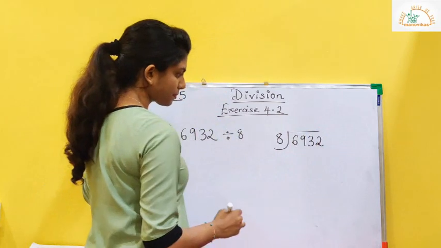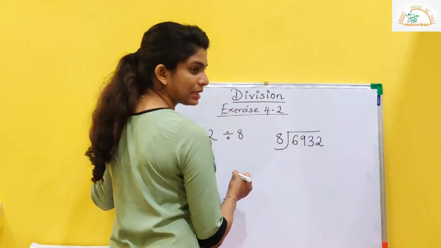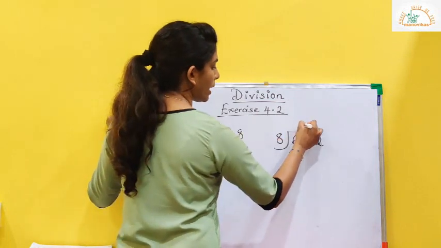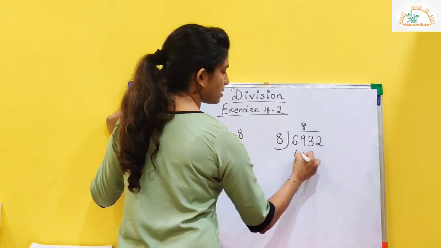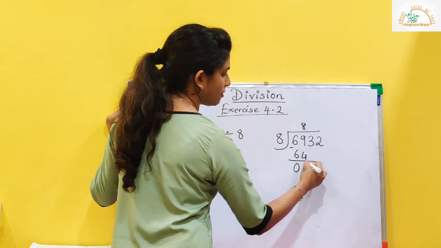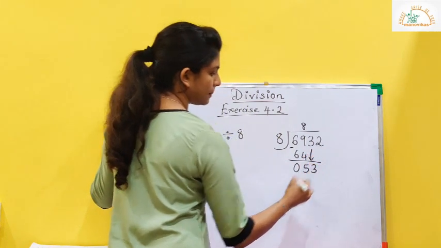Now 6 is smaller than 8. Okay, so we are looking at these 2 digits, that is 69. So 8 eights are 64. 9 minus 4, 5. Bring down 3.